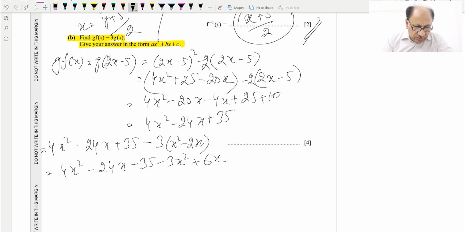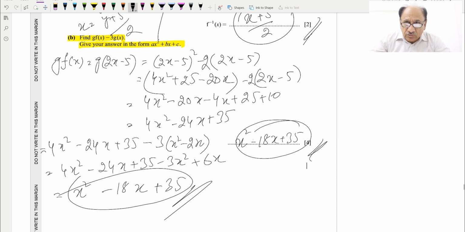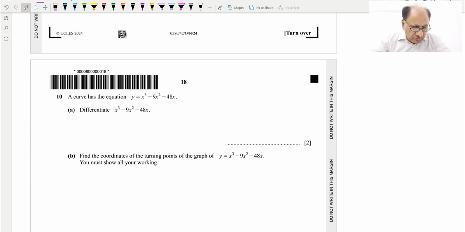Further we need to add the like terms: 4x square minus 3x square, so only x square, and minus 24x plus 6x will be minus 18x, and plus 35 here. Yes, plus 35, and this is the answer we were looking for: x square minus 18x plus 35. It's in the same format which was required. Hopefully you understand this. This is the 4 mark question which we have completed.